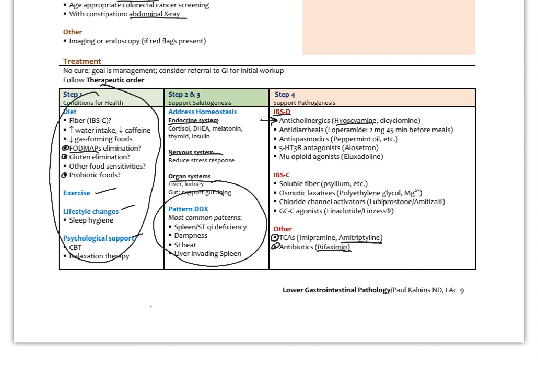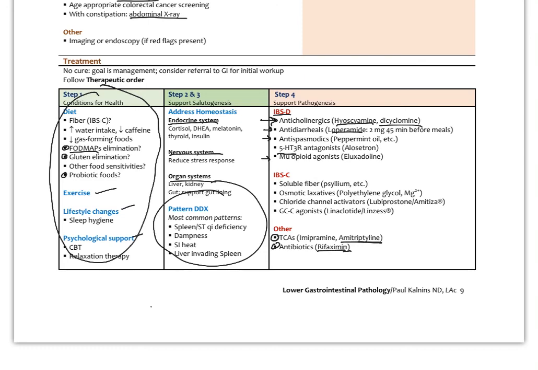So hyoscyamine, dicyclomine, antidiarrheals like loperamide, antispasmodics like peppermint oil, the serotonin receptor antagonists. So these are 5-HT3. This is a special type of serotonin receptor. Not commonly used, very expensive, but it's out there. And then mu opioid receptors.